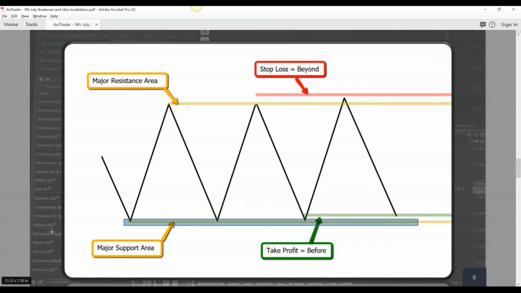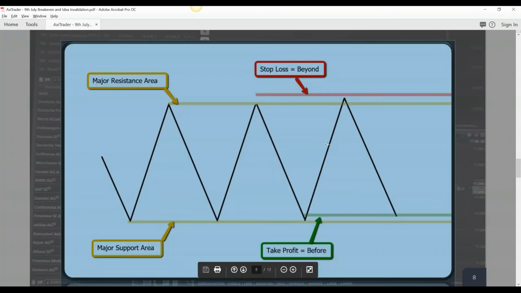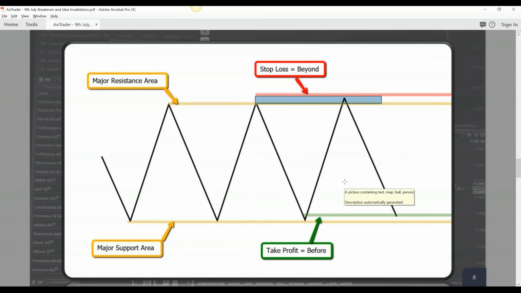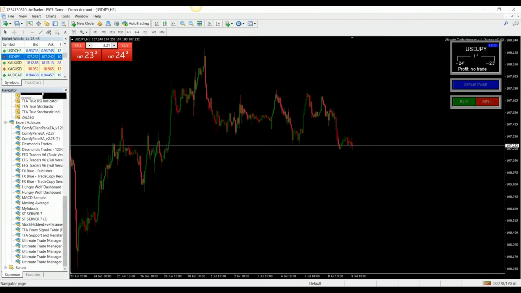What about putting stop loss 5 pips below and above resistance and support? The danger of saying let me put my stop loss 5 pips away, 5 pips above, is, let's just take a look at this.